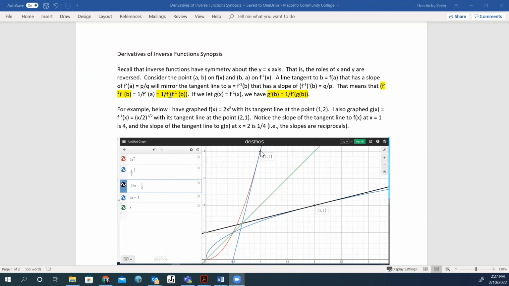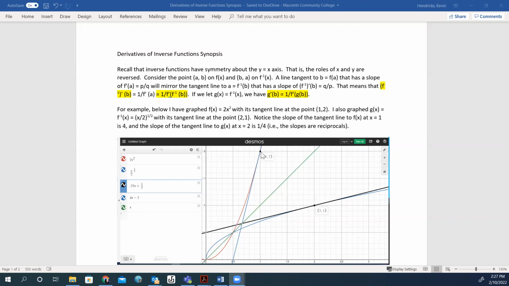The point 1, 2 is on f of x. The inverse function winds up being the square root of x over 2. That's this blue curve, right?